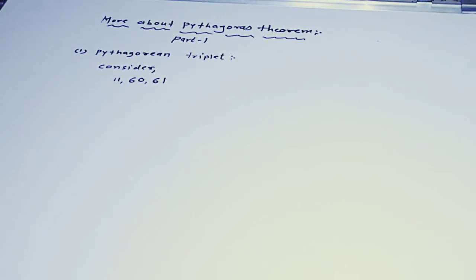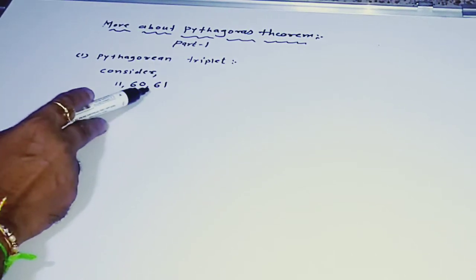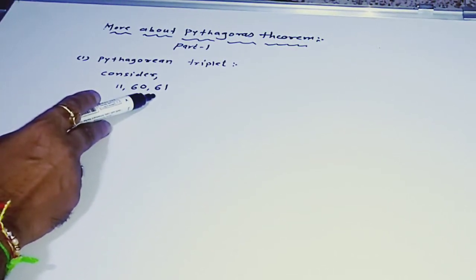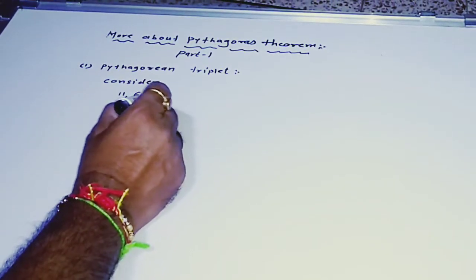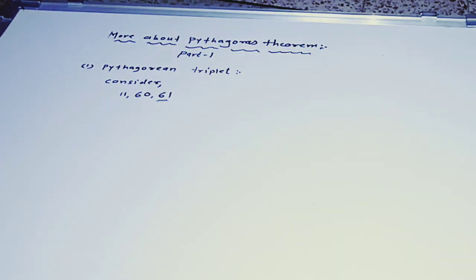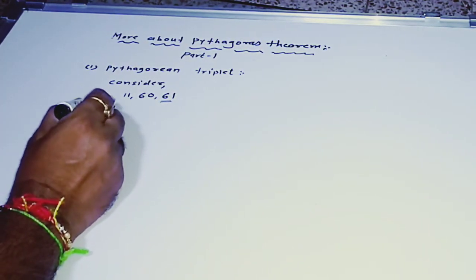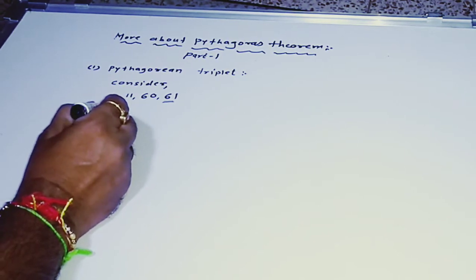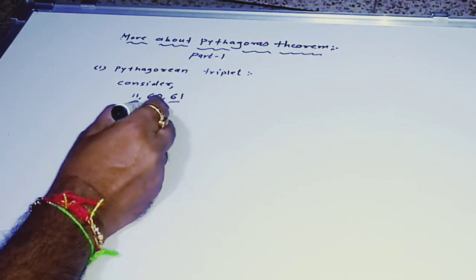Now, according to this definition, we verify whether this group of numbers is a Pythagorean triplet or not. What is the largest number here? It is 61. So 61 square is equal to 3721.